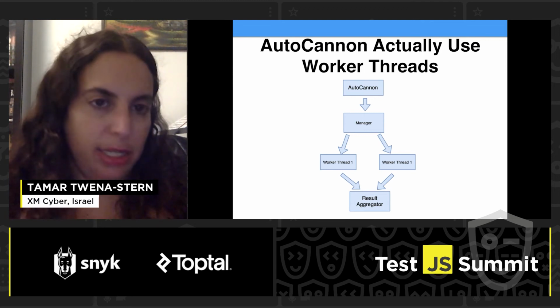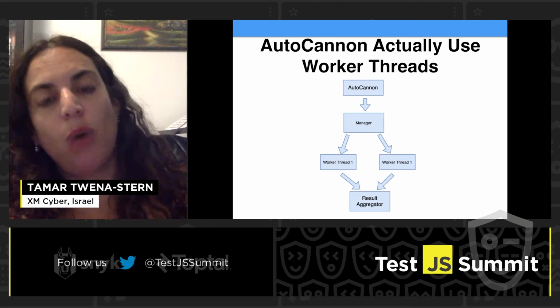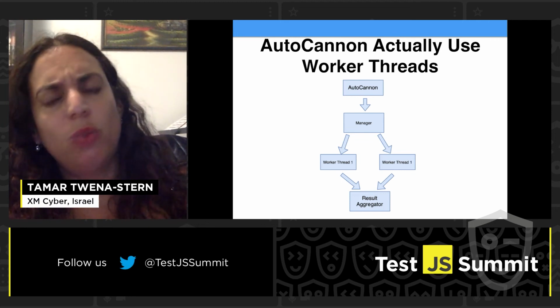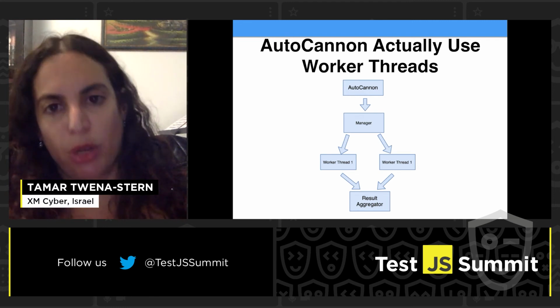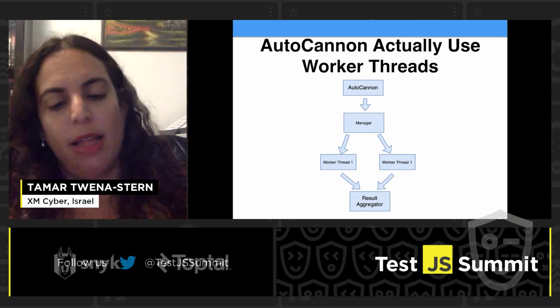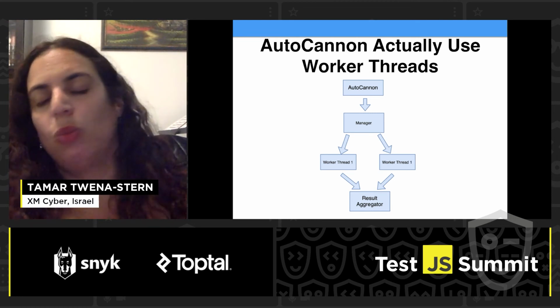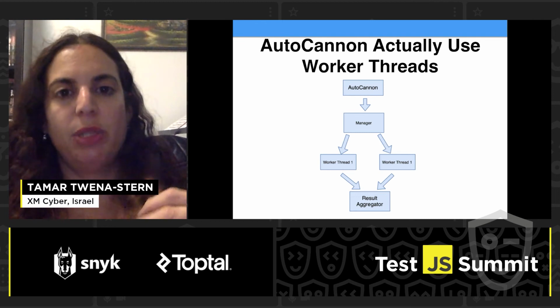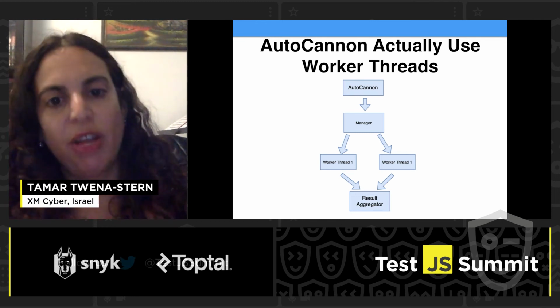One thing that I would like to say about Autocannon, which is pretty cool, is that Autocannon actually uses worker threads. I hope that you're familiar with worker threads. It's a cool module that started in Node 10, and it became non-experimental in Node 12.